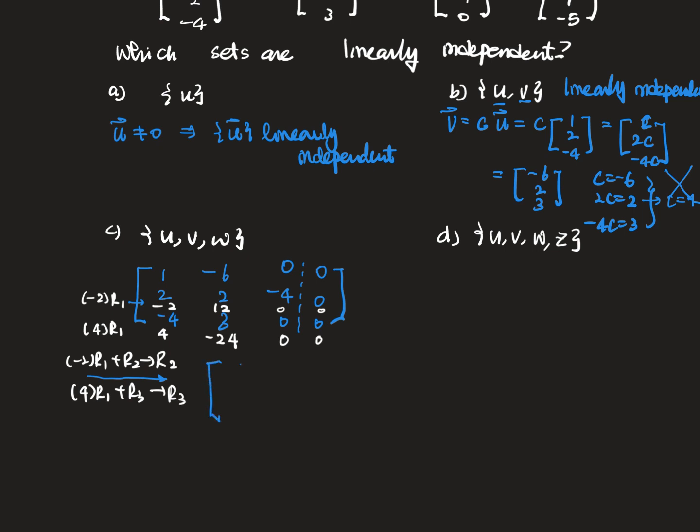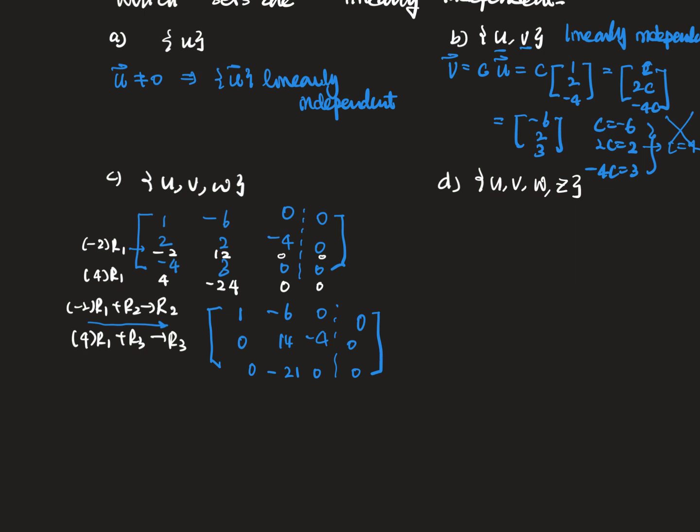So we have 1, negative 6, 0, 0; then 0, 14, negative 4, 0; and a third row with negative 21 in the second position, 0, 0. I'll divide the third row by negative 21, negative 1 over 21 R3.